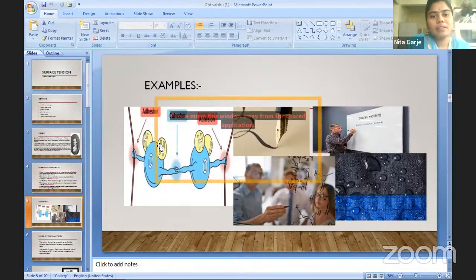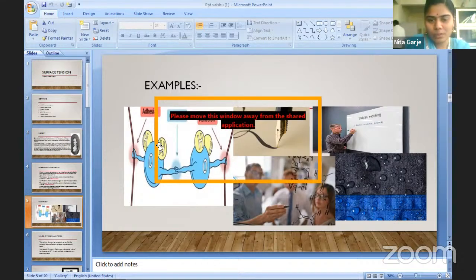And when water molecules and other water molecules attract each other, we call it the cohesive force.